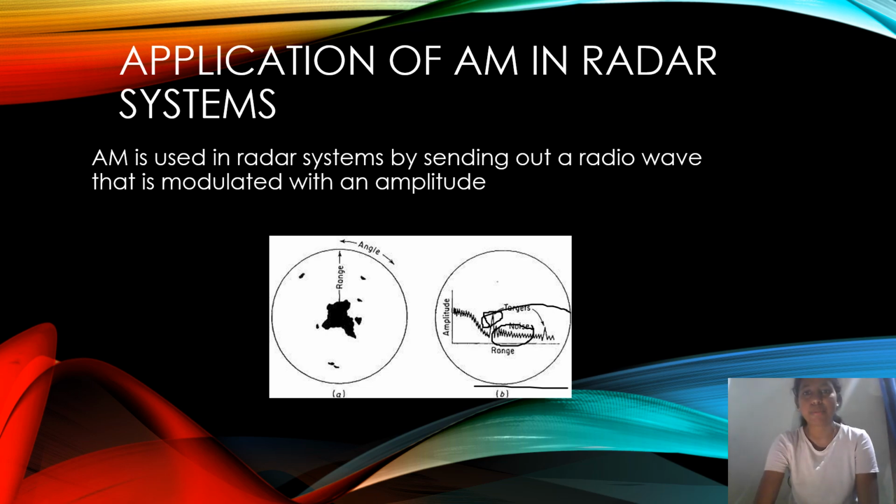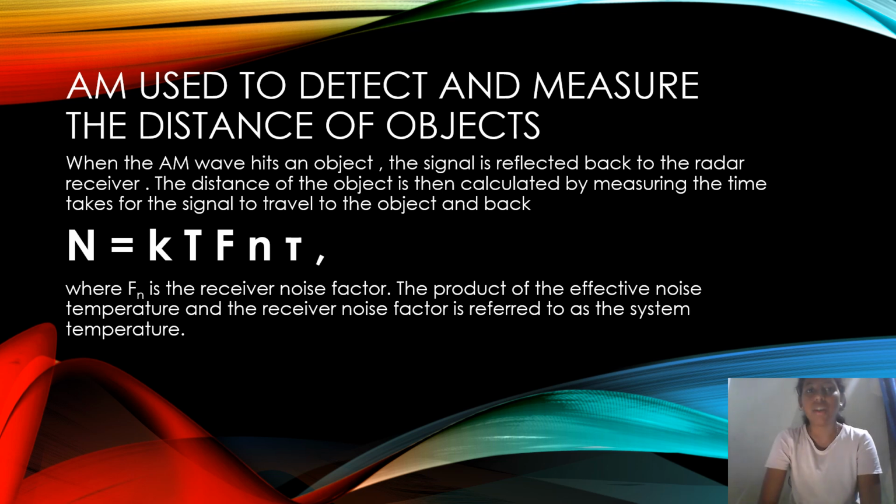And next, let's move on to how AM is used to detect and measure the distance of objects. When the AM wave hits an object, the signal is reflected back to the radar receiver. The distance of the object is then calculated by measuring the time it takes for the signal to travel to the object and back.